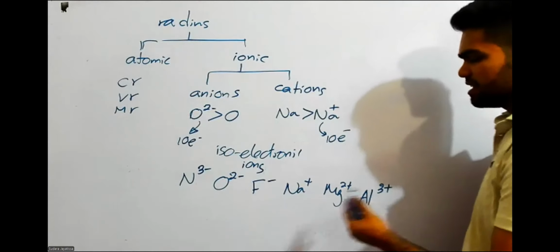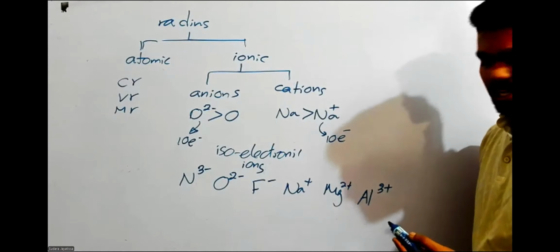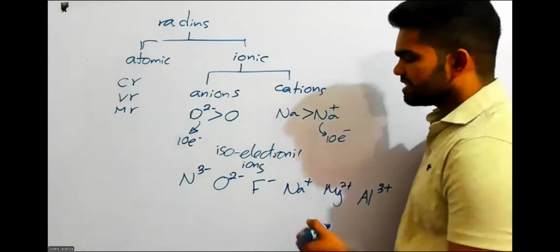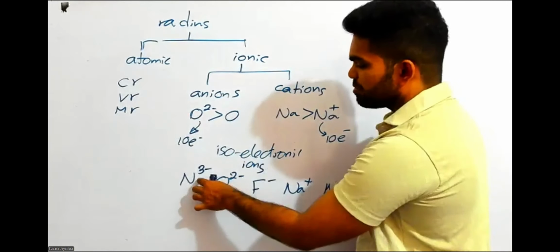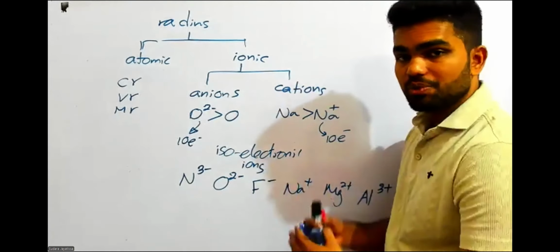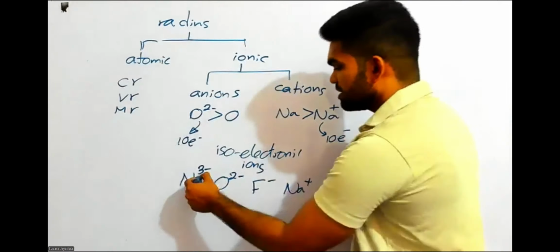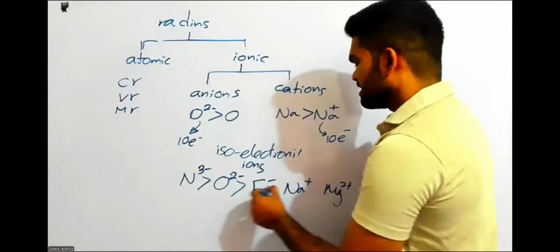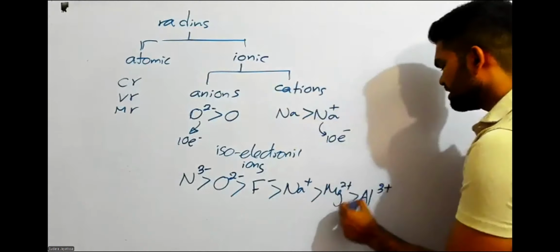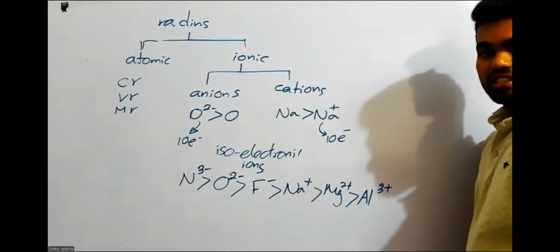This is the series. And what about the radius? Like I said, anions are larger. If you apply the same logic, N3 minus has a higher negative charge, so more repulsion, so N3 minus should be larger than O2 minus. Like that, this is the way of decreasing radius of these entities.